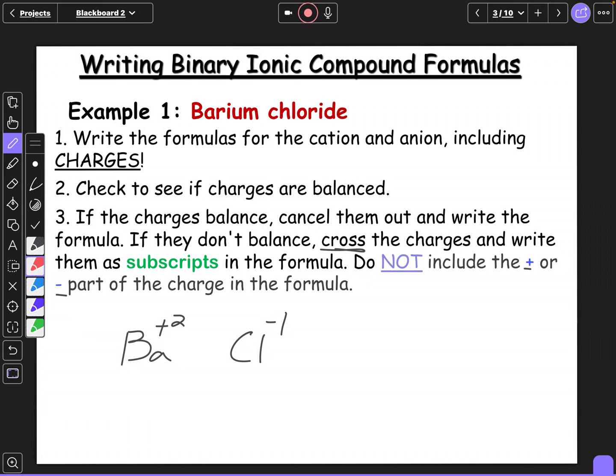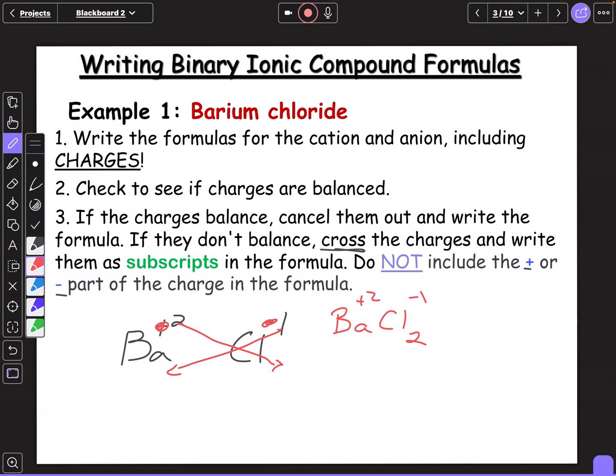Alright, so I'm going to mark out the positive and negative. I'm going to bring the 2 down here and the 1 down here. I write that as Ba1, except I don't put the 1. It's understood. And then Cl2 as a subscript. I do not leave it like this.